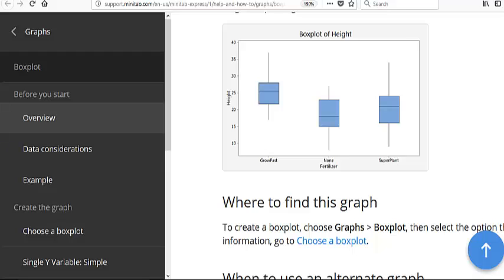They're comparing these three experiments, using some grow fast stuff, something called super plant, and not using any fertilizer at all. If you looked at the median values, using the fertilizer did help overall on average. But you can also see how the boxes overlap between the different sets of data, so you would say, well, that's not clearly different.